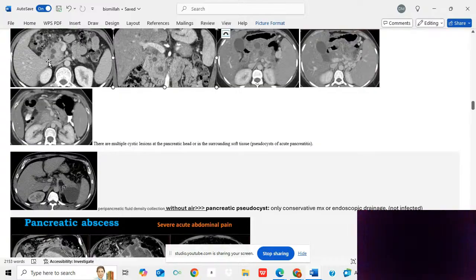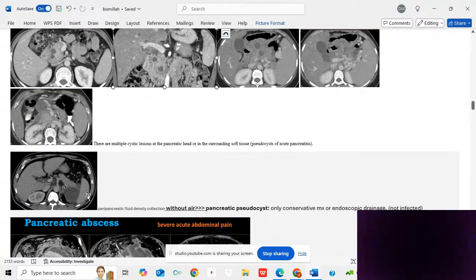These lesions are pancreatic pseudocysts. A pancreatic pseudocyst usually develops with any kind of inflammation of the pancreas, either acute, chronic, acute on top of chronic, or even autoimmune pancreatitis, as it's only a collection of enzymes.